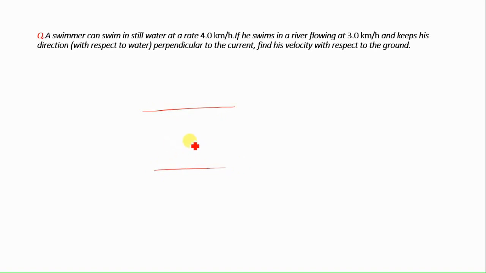It is not mentioned whether the swimmer's velocity is with respect to the ground or the water, but I have already mentioned that whatever velocity of the swimmer or the boat is given, it is the velocity with respect to the water. So this is the velocity of swimmer with respect to the water, 4 km per hour.